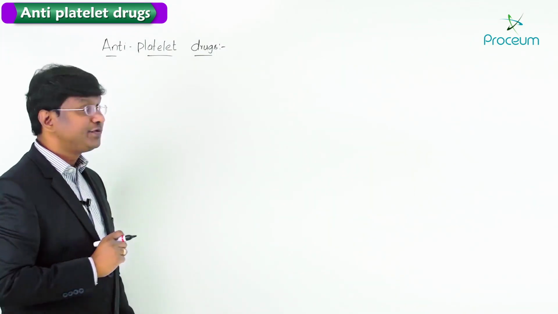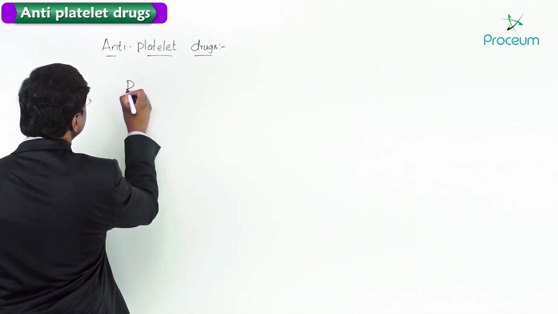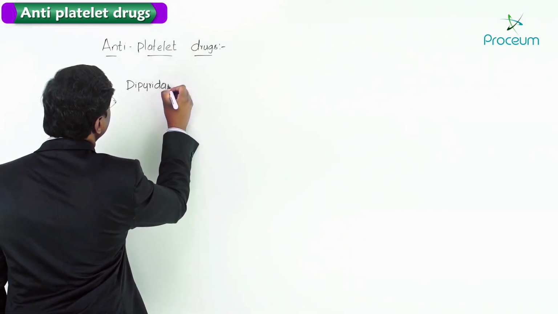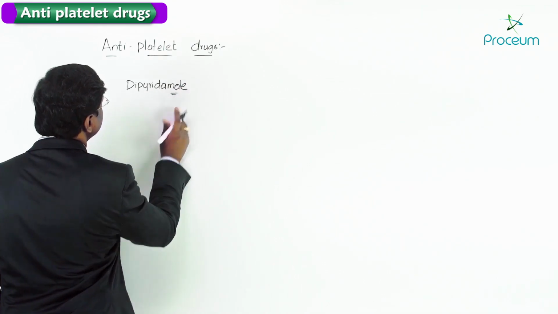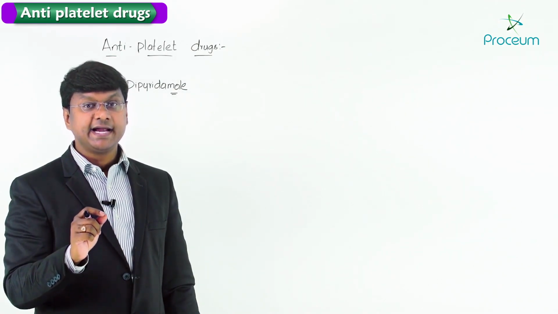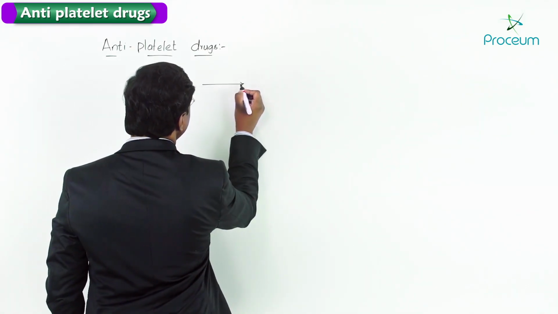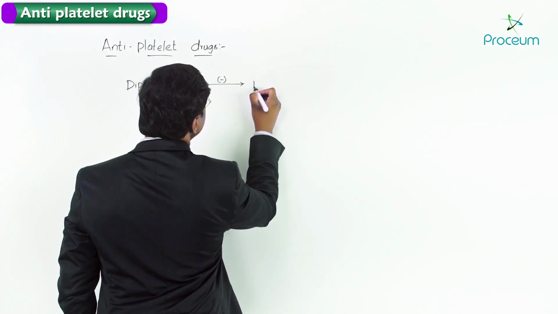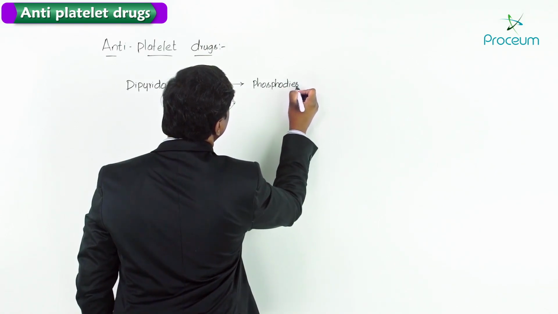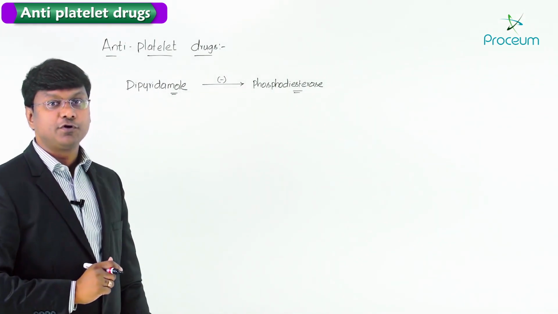Dipyridamole is another drug that acts by inhibiting the enzyme phosphodiesterase.